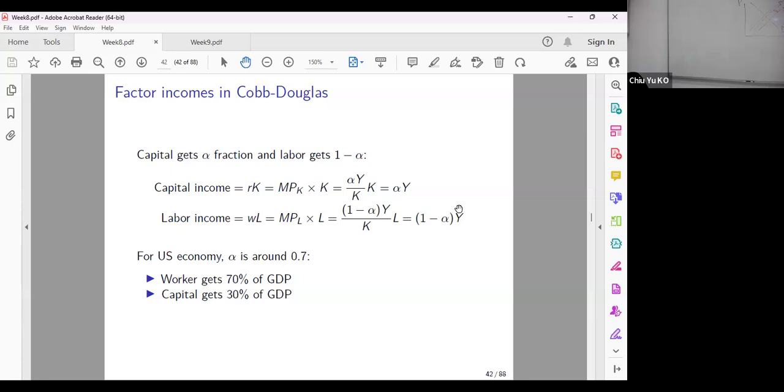But in terms of calculation, at least in the US data, labor gets 70% of GDP, but because capital is concentrated in a few people, they earn way more.